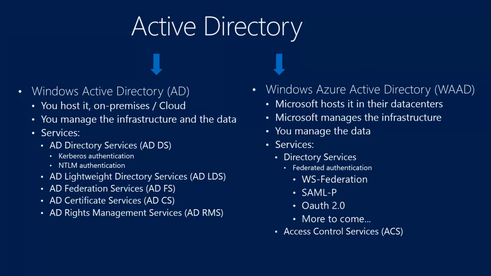And we can get the app to redirect the user up to the Windows Azure Active Directory, and they can authenticate there. Although another component of this is the Access Control Service. What the Access Control Service does is it brokers identities with lots of different identity stores, including Facebook, Live ID, Yahoo, and so on.